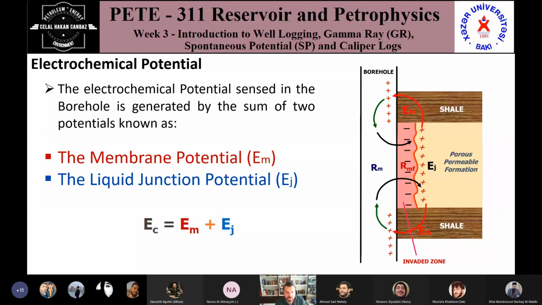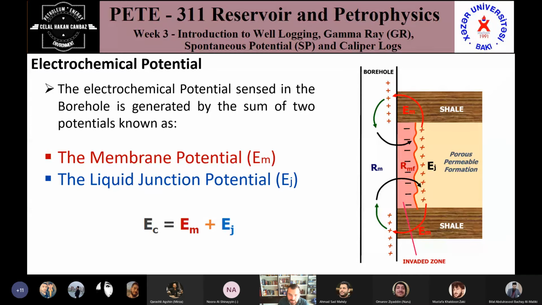Okay, so your EC, the total electrical potential, is the summation of the membrane potential and the liquid junction potential, we say. So how can we explain the membrane potential?